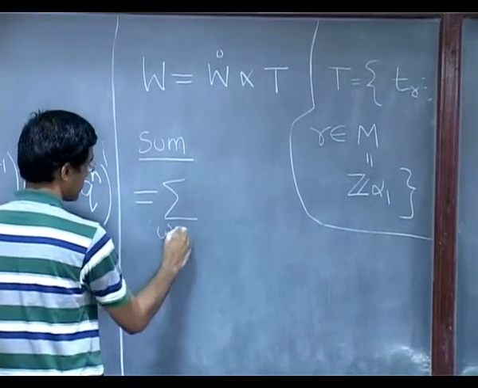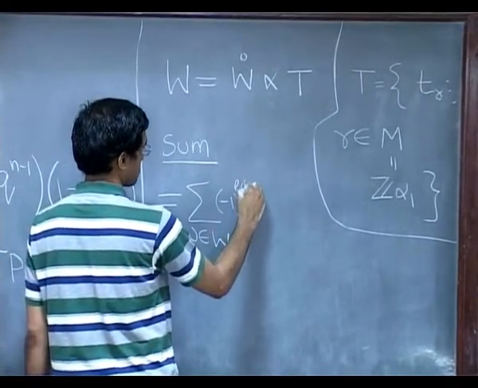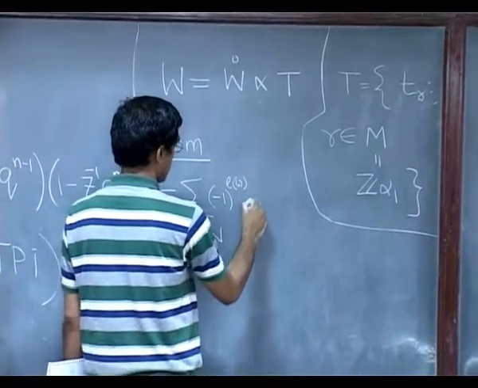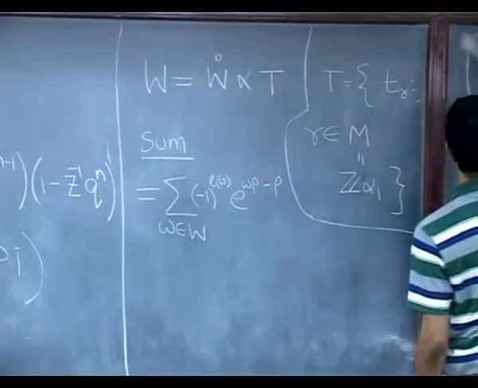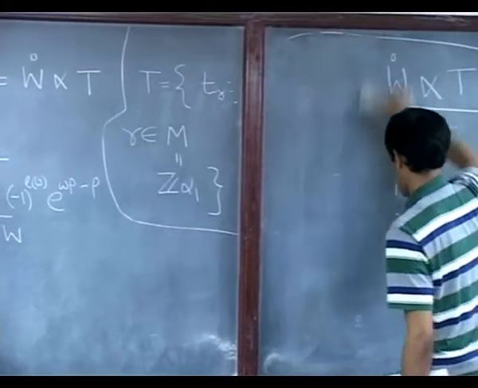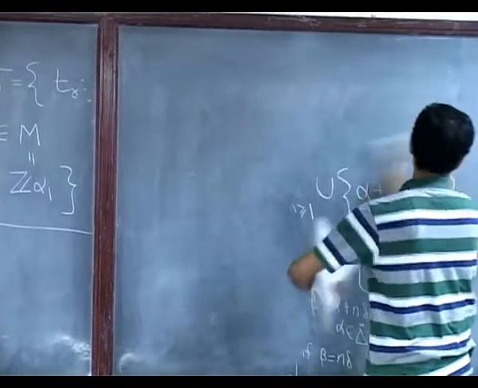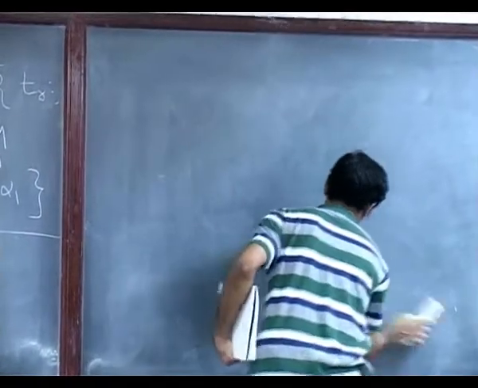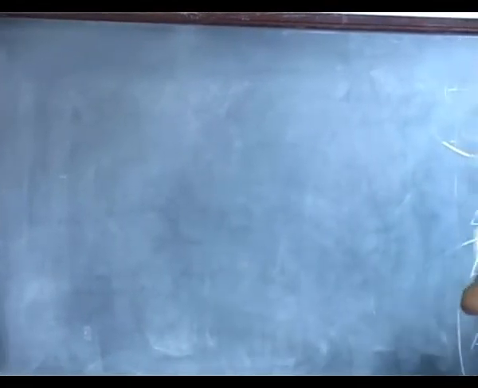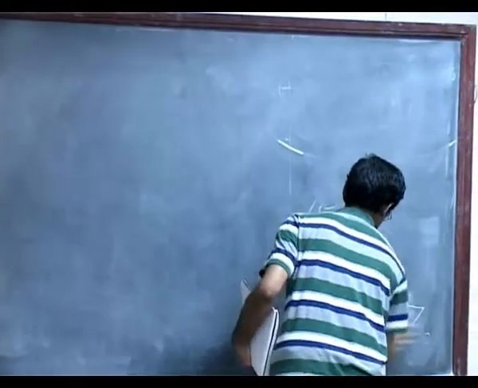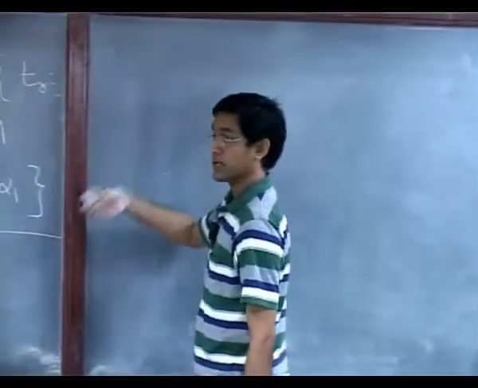You need to sum over all elements of the affine Weyl group, minus 1 to the length of that element, so the sign of that element, times e to the w rho minus rho. Okay, so let us do this.